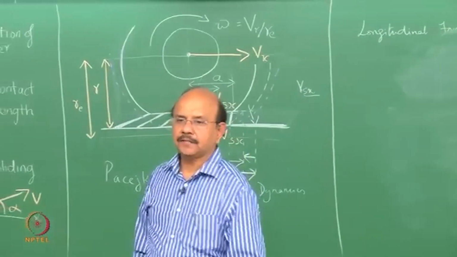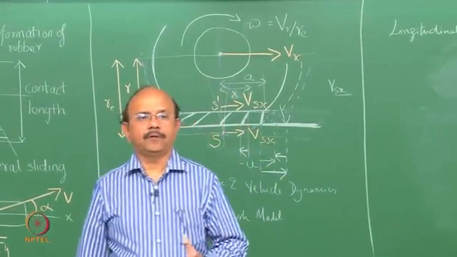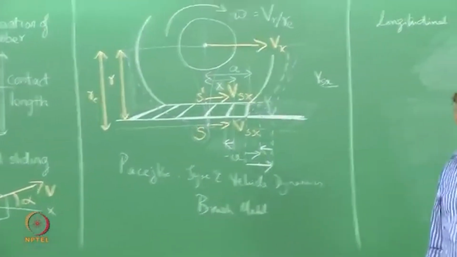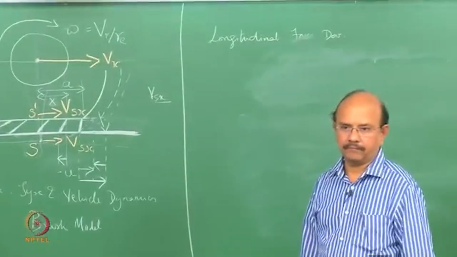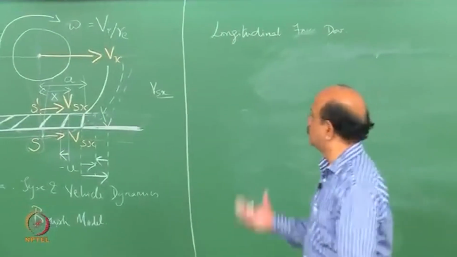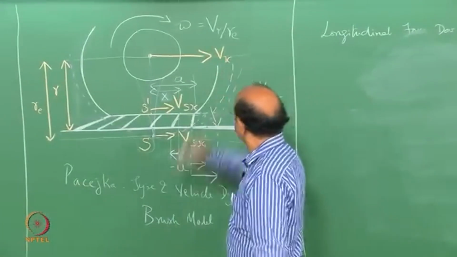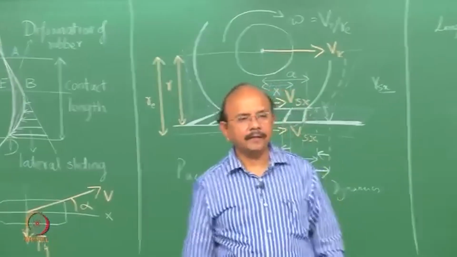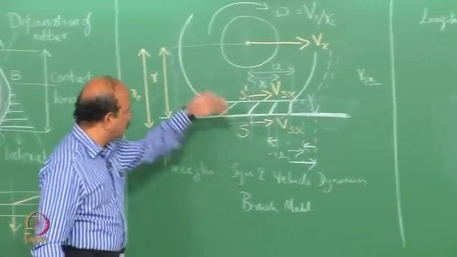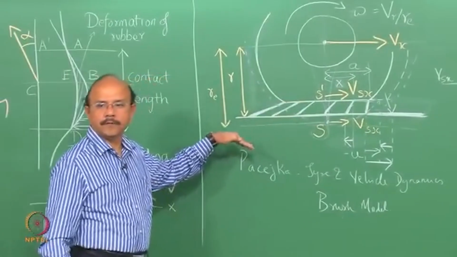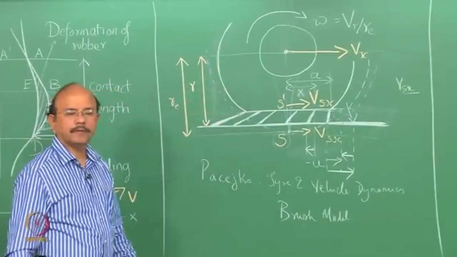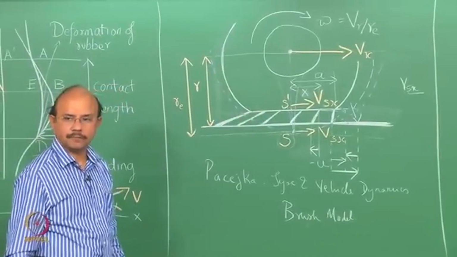Okay, Vsx, depending upon the braking or accelerating, it would be one direction or the other. Right? We will use the same thing like the V, which is in this direction for the tire, can be assumed to be V in the opposite direction for the road, and that it is rotating at a stationary position.